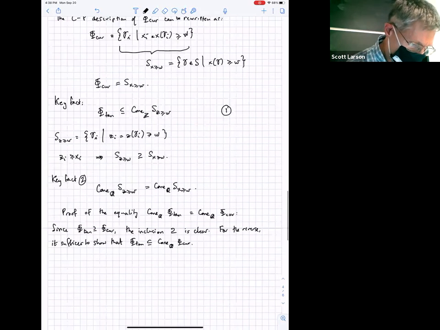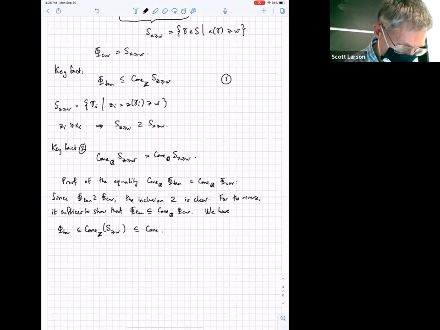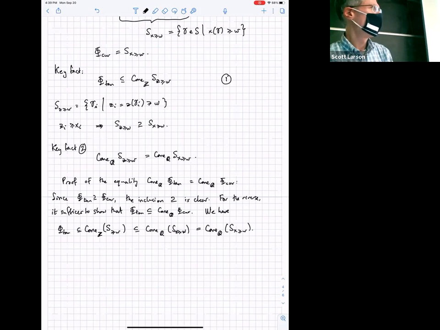But we have phi tan is contained in the cone over Z of S of Z bigger than or equal to W. And that's contained in the cone over Q of S of Z bigger than or equal to W. And that's equal to the cone over Q of S of X bigger than or equal to W. Okay, so that's the proof of that equality.